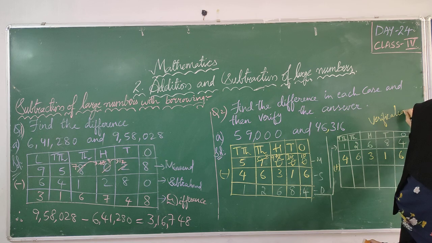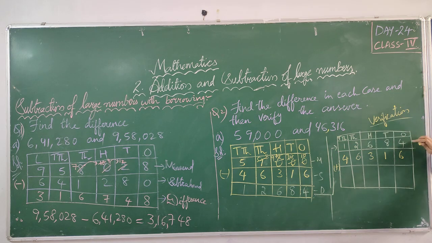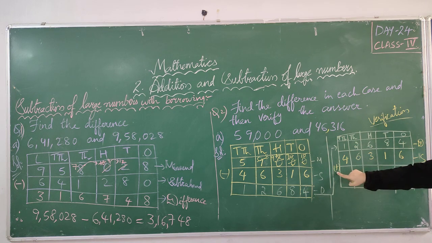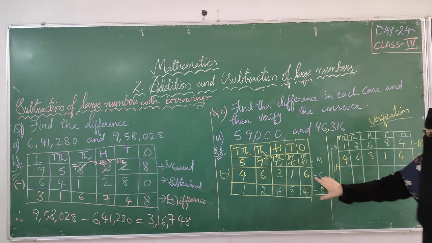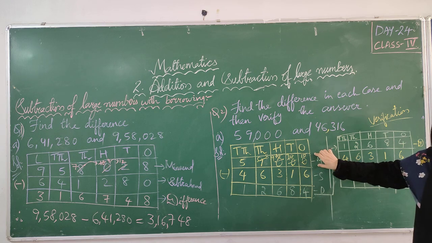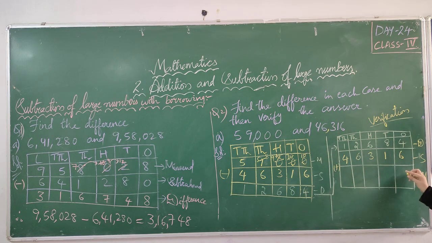So here we are writing the difference. This is our difference. This is our subtrahend, right? So we will get what? The minuend. We will check after adding. In verification we add the subtrahend and the difference so that we will get the minuend. 4 plus 6 is what? 10.